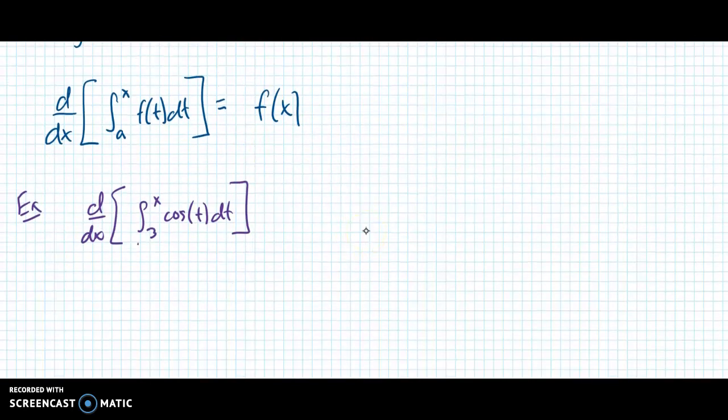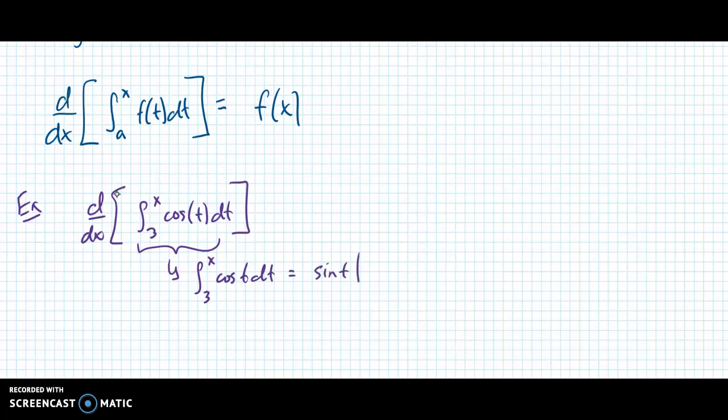So, first thing I'm going to do is calculate this integral. Ignore the derivative with respect to x for now. Well, that integral from 3 to x of cosine of t dt, well, cosine would integrate to sine of t. It is positive. And then I evaluate it from 3 to x.